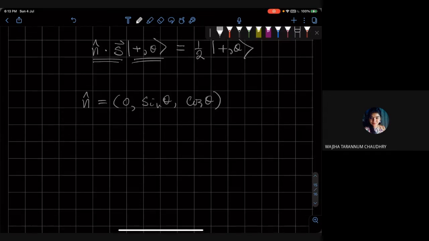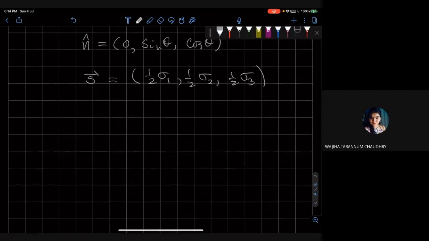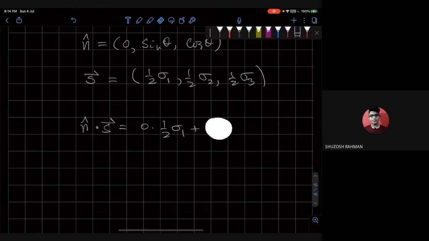And S is a set of three matrices, half sigma 1, half sigma 2, half sigma 3. If I evaluate n dot S, I get 0 times half sigma 1 plus n1 times... n2, sorry. Yeah, I got it now. Okay, yeah, you got it.